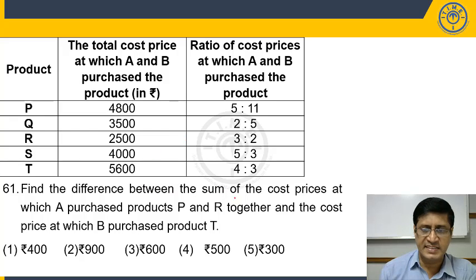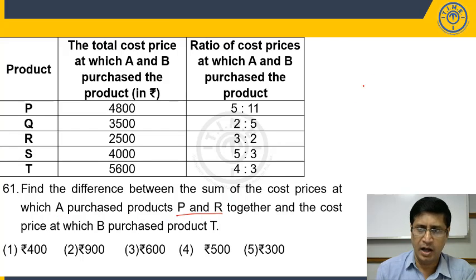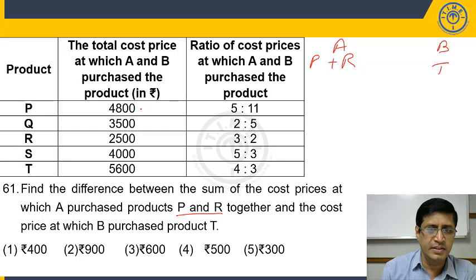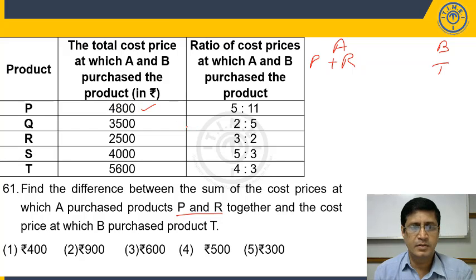The difference between the sum of the cost price at A of purchased products P and R, and B of the product T. So what are A, P and R? For P and R, if you observe, this is the total value. Am I right? The ratio of A and B is given here.